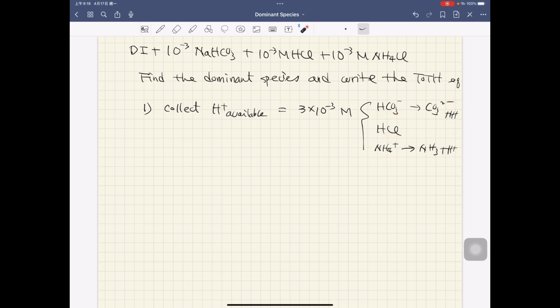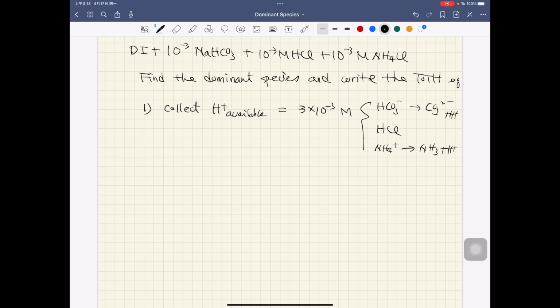So now I collect all the H plus, and all the acids go to the base. And now I'm going to distribute the H back to those bases based on pKa value. The higher the pKa value, it means that base can grab H plus more strongly, okay? So it has a much higher power to collect that H plus.